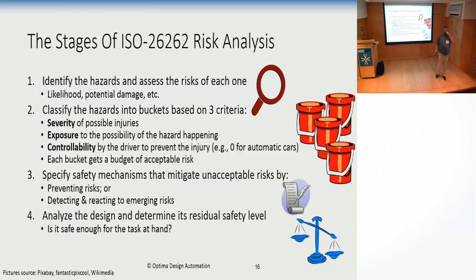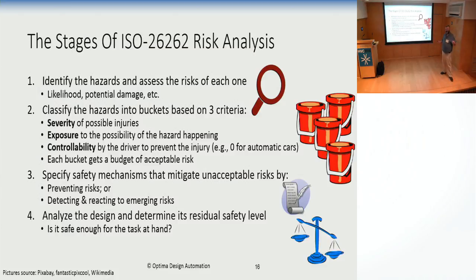Probably the driver will notice something amiss and will stop the car. So this is a high probability that the driver will notice and will control it. On the other hand, maybe the brakes have quietly disappeared. The first time the driver will know is when he tries to hit the brake pedal and nothing happens. That is not very well detected.